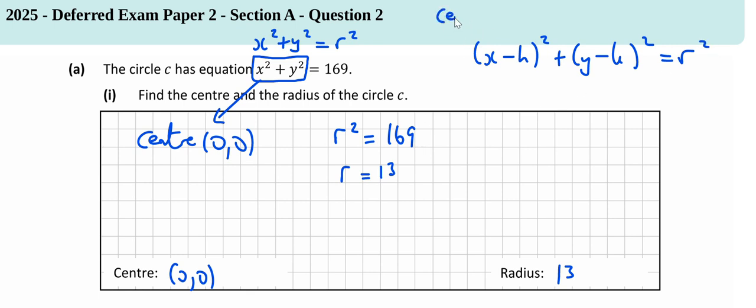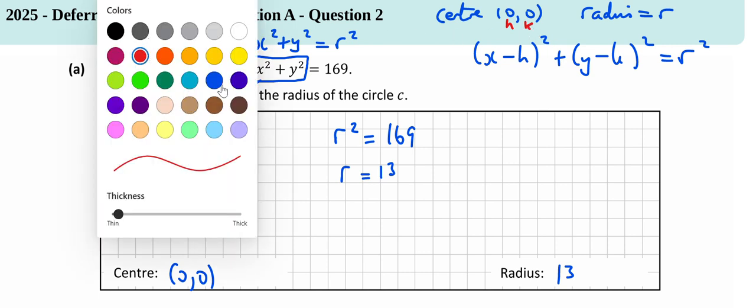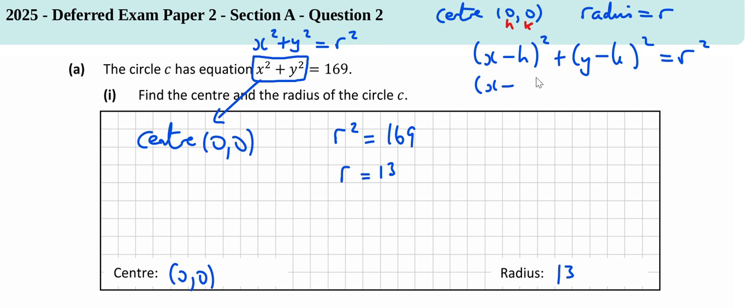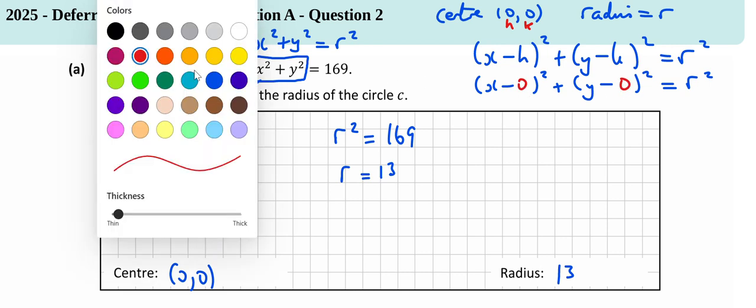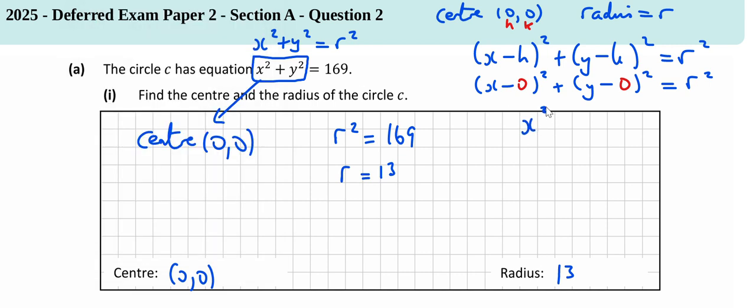After doing this a few times, they spotted that every time you have a centre 0, 0, we'll just leave the radius as r for the moment, it always breaks down to x minus 0 is x, squared is x squared, y minus 0 is y, squared is y squared, is equal to r squared.